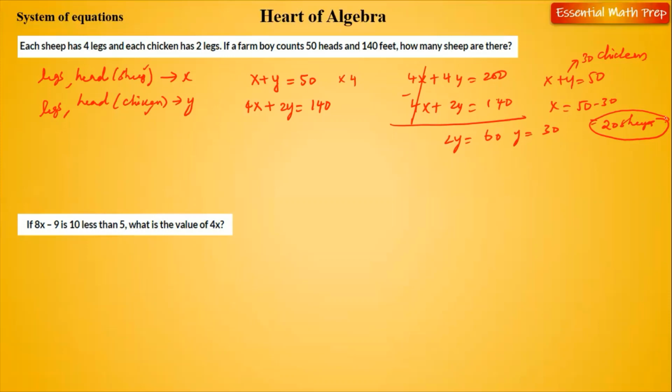If 8X minus 9 is 10 less than 5, what is the value of 4X? Okay, 8X minus 9 is equal to 10 less than 5, right?